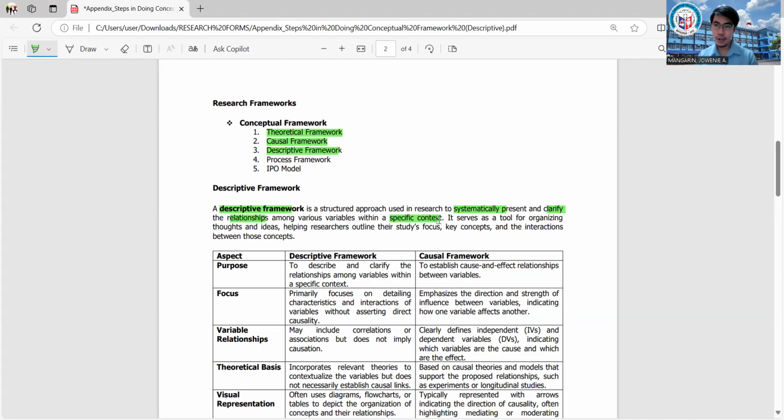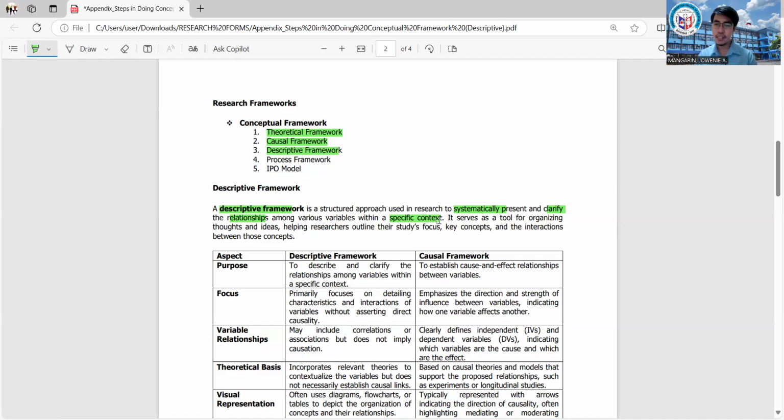In a causal framework, you should directly mention that salary directly affect the level of motivation and job satisfaction of the employee. On the other hand, kapag ang framework natin at ang intention lang din natin sa paper natin is ma-describe yung relationship na nag-exist between our variables, descriptive framework lang yung gagamitin natin.